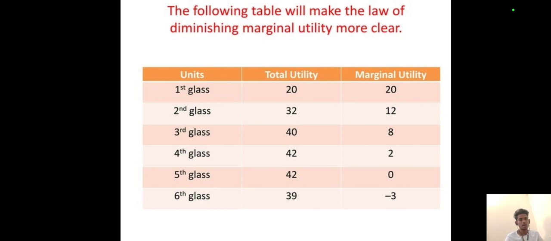For the second glass, the total utility is 32, but the marginal utility will be total utility minus the total utility of the first glass, so it becomes 12. It goes on until the marginal utility becomes negative. The marginal utility becomes negative if we consume the sixth glass.